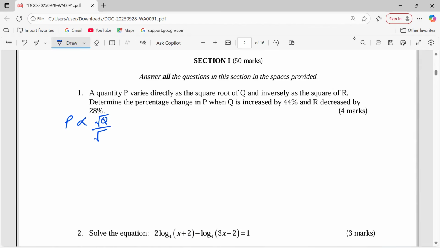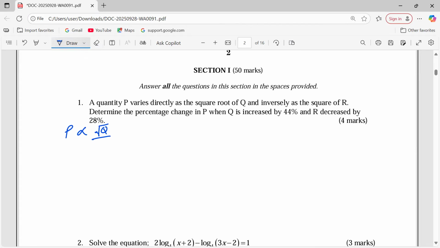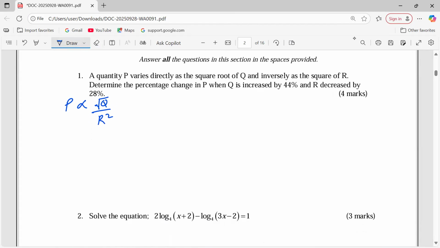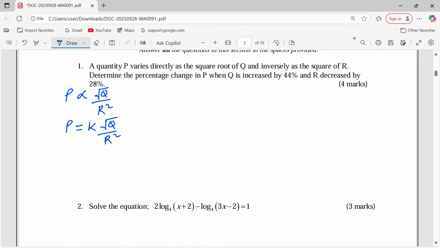When it is inverse, you divide the square of R. So square of R means R squared. From this we can have an equal sign introduced together with a constant of proportionality, K, out of R squared. This is the original expression of P.